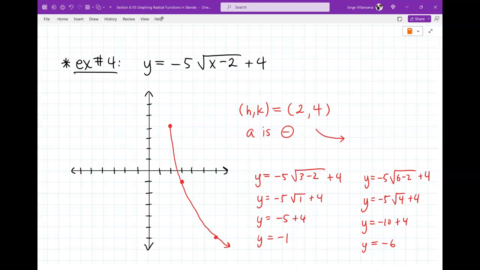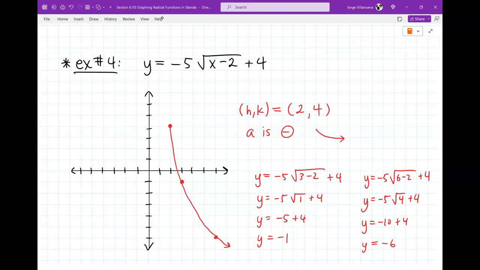That resulted in 1 and 4. The next one would be a square root of 9. So if I wanted a square root of 9, what number would I put up there? 11, right? So then I would pick 11. If I wanted a 16, I'd pick an 18. 18 minus 2 is 16. So I can keep going from there, right? But obviously my graph is not that big, okay?